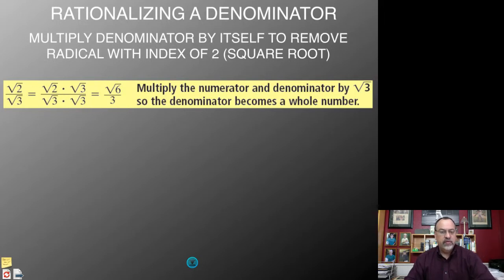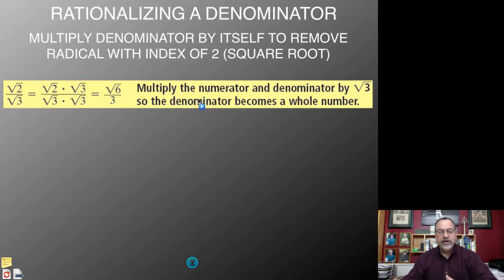I've simply made an irrational number into a rational number. And so the simplified version then would be the square root of 6 over 3. This is a fraction that does not have a radical in the denominator, and there is no denominator in the radical. Okay, so that's the simple process.